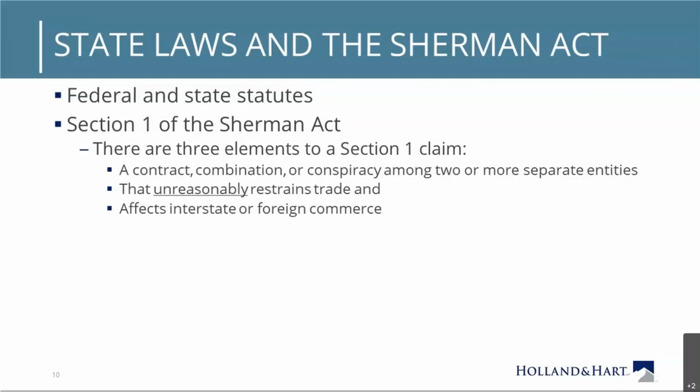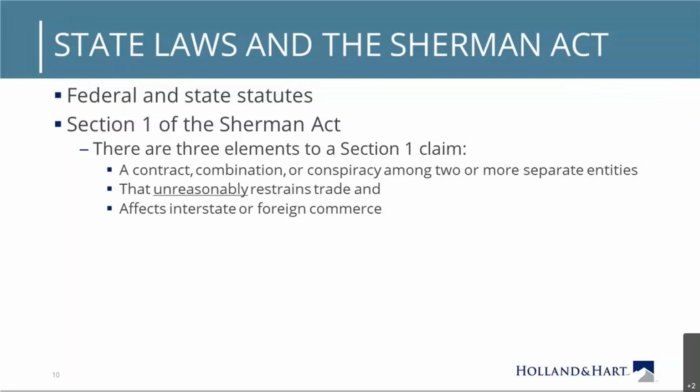And there are a couple sections of the Sherman Act we want to focus on. The first one, Section 1 of the Sherman Act, prohibits a contract, combination, or conspiracy among two or more separate entities that unreasonably restrains trade and affects interstate or foreign commerce.